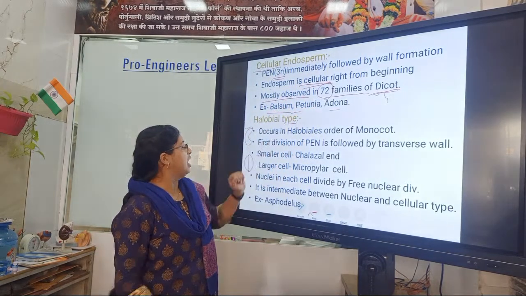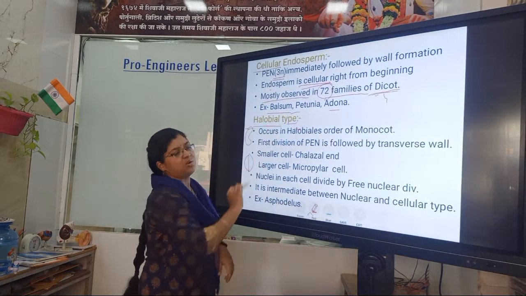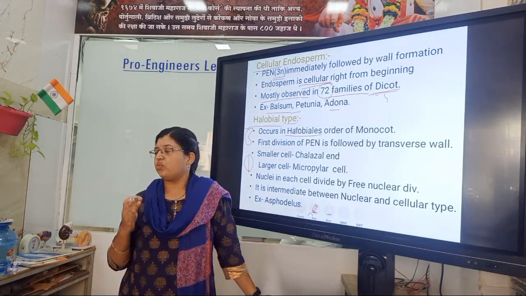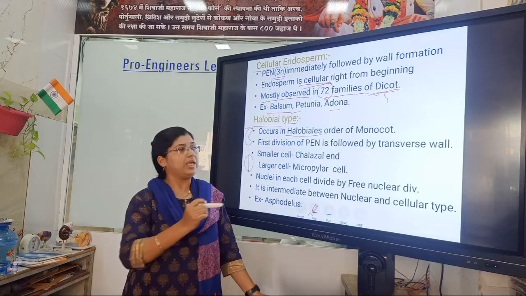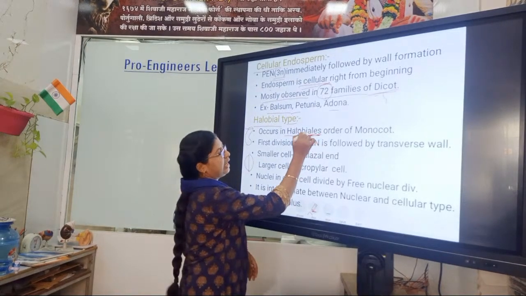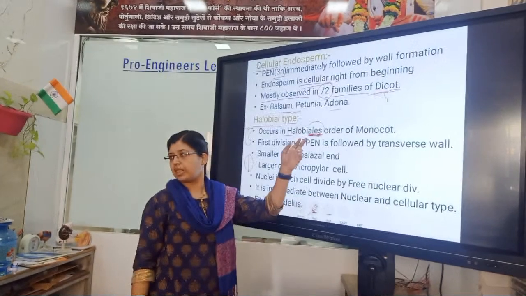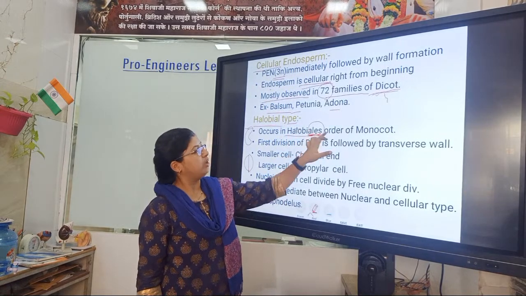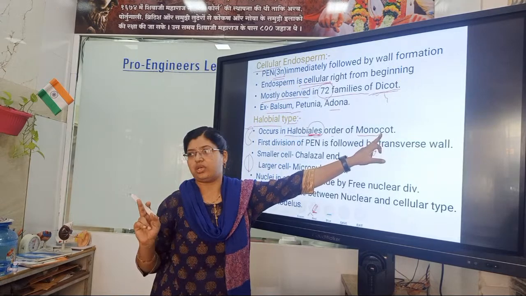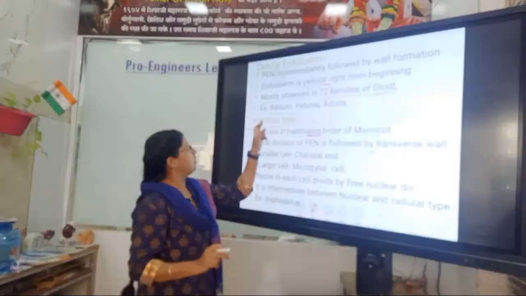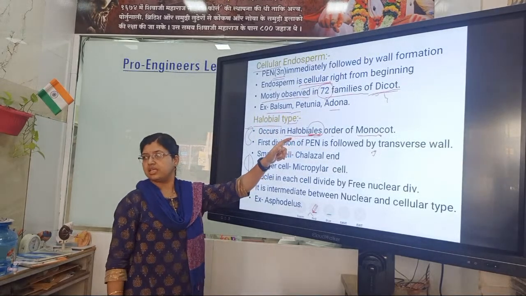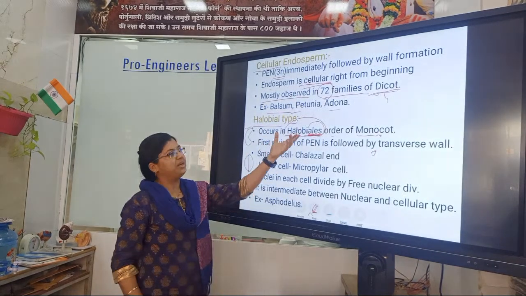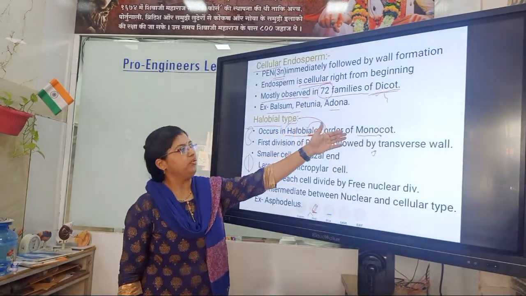It occurs in Helobiales, which is an order of monocots, that is, single cotyledon. The name ends with the suffix -ales. Helobiae is one of the families in the order of monocots.